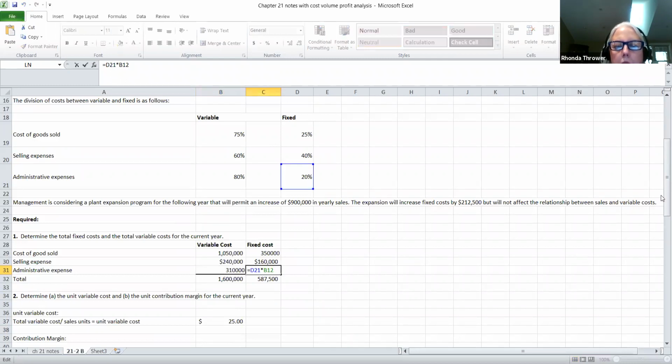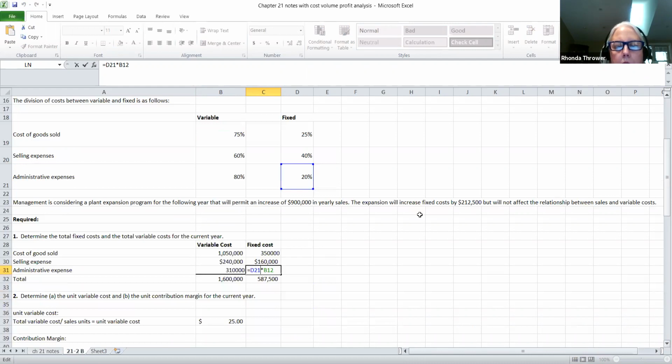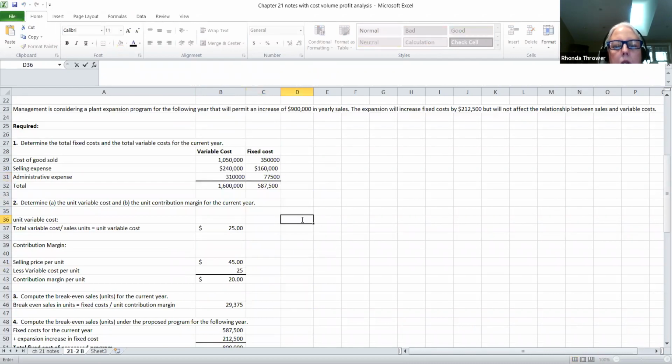The fixed cost is 20% of the administrative expenses of 387,500. And then I simply totaled these up. My total variable cost is 1,600,000. My total fixed cost is 587,500.